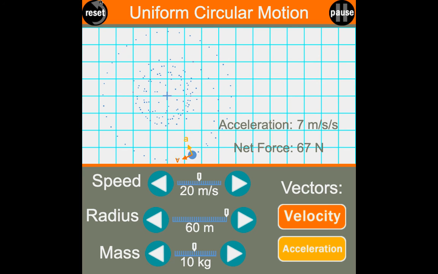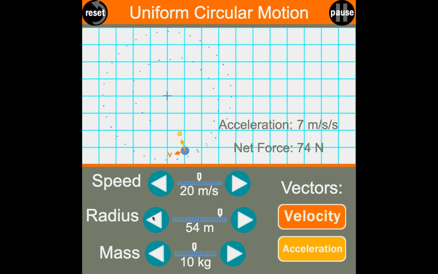So the purpose of this activity was to prove that, right? The definition of uniform circular motion is an object that moves around a circular path at a constant velocity. That velocity is tangent to the circular path.